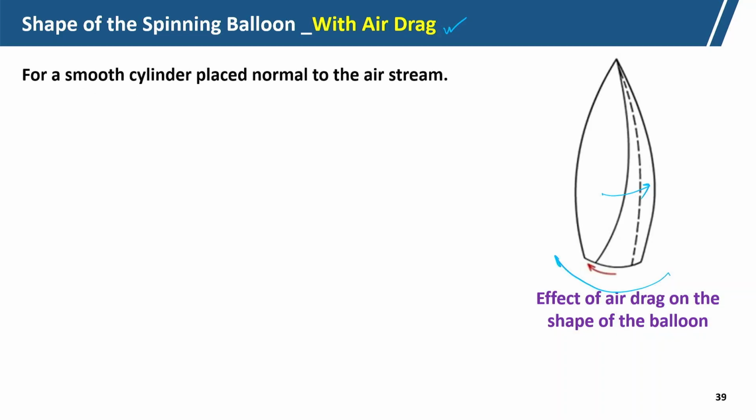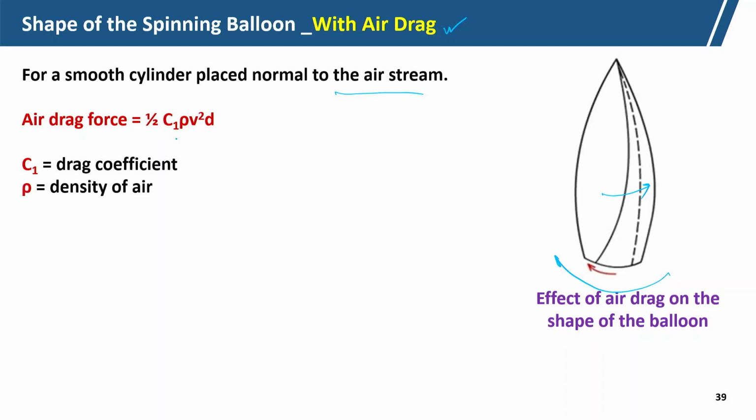For one smooth cylinder which is placed normal to the air stream, the air drag force will be half C_D ρ V² D, where C_D is the drag coefficient, ρ is the density of air, V is the air velocity, so the speed of air, and D is the diameter of the cylinder. So, any cylinder when it moves will have a drag force. So, this is the standard formula.